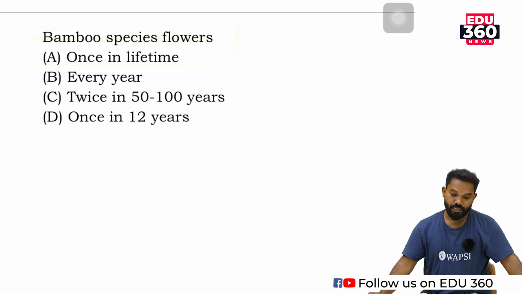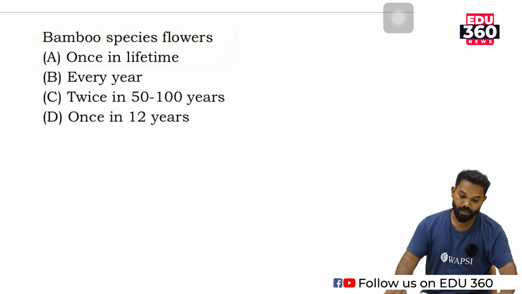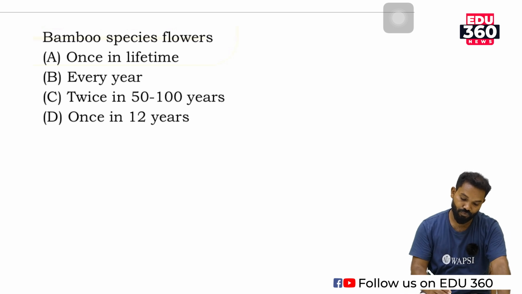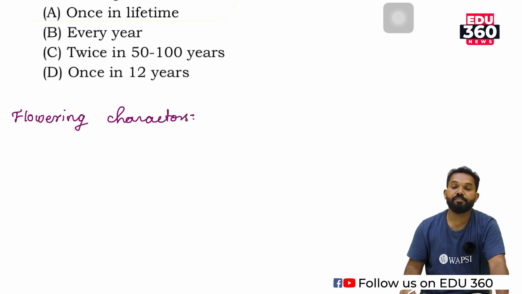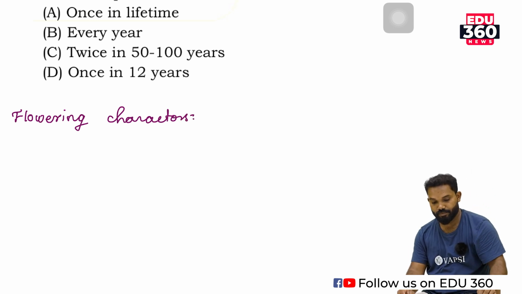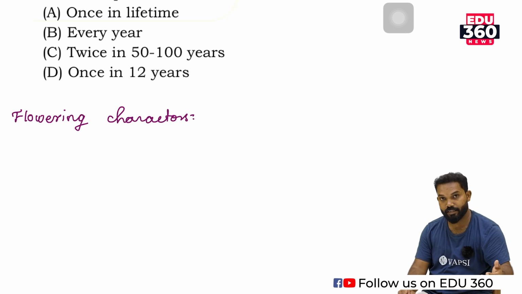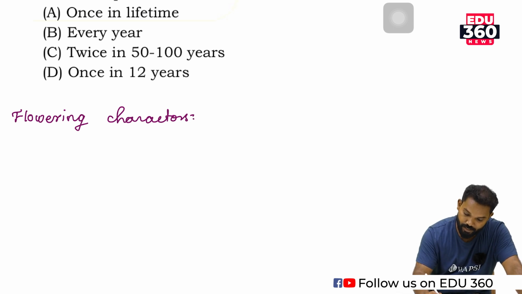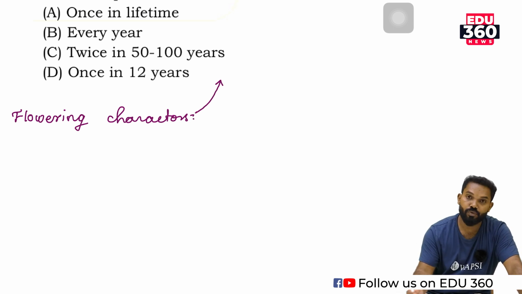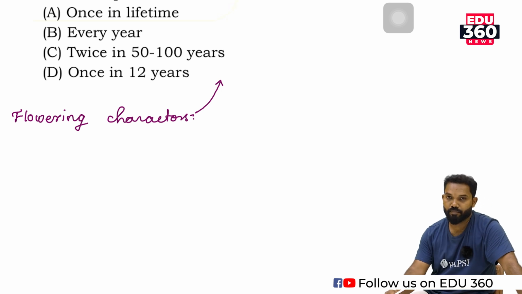Then the most important characteristic of the bamboo plant is its flowering character. Each plant species has its own characteristic flowering character, and based on that, they are categorized.